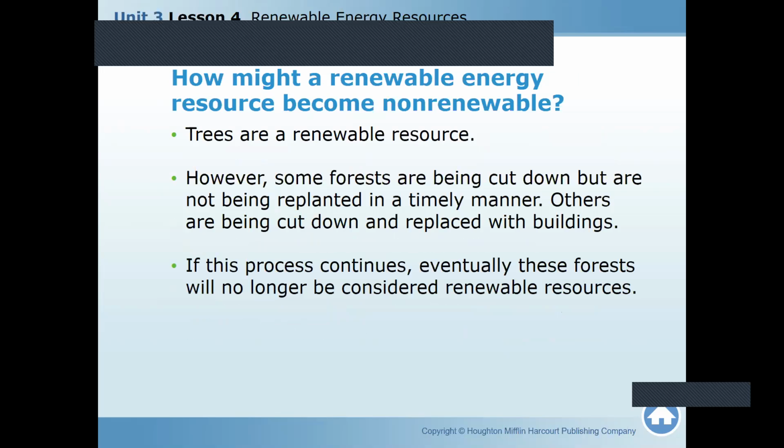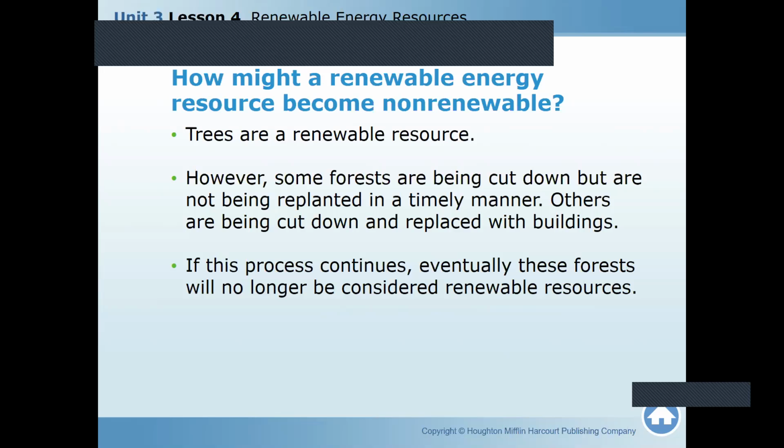Trees are renewable resources because you can plant them again. However, some forests are being cut down but are not being replanted. Some forests you can cut down, but it takes many years for trees to grow again. Others are being cut down and replaced with buildings. Nowadays, we replace those big plants and trees with buildings.